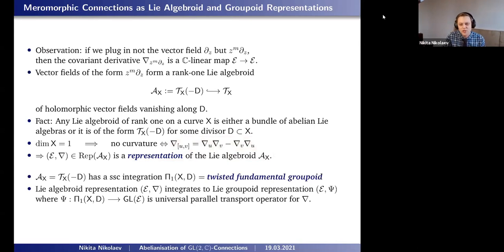And of course, you can also transport this to the realm of Lie groupoids by integrating everything. So these Lie algebroids, twisted by a divisor, have integrations. You can pick the source simply connected integration, and that is usually called the twisted fundamental groupoid. Away from the singular locus D, they are just like the usual fundamental groupoid of homotopy classes of paths.